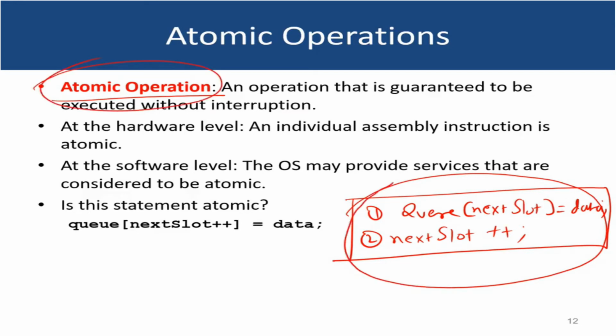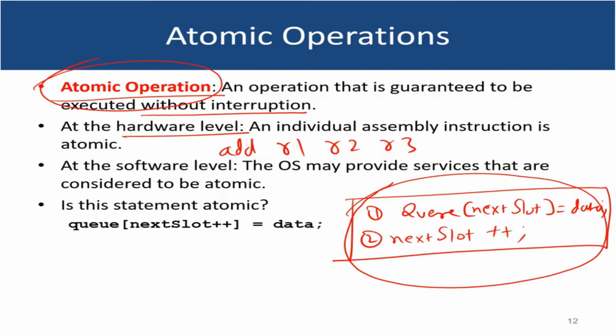So by definition, an operation that is guaranteed to be executed completely without interruptions or not at all is known as an atomic operation. At the hardware level, an individual assembly instruction is atomic. So for instance, if you have an instruction, let's say add R1, R2, R3, this is an atomic instruction.